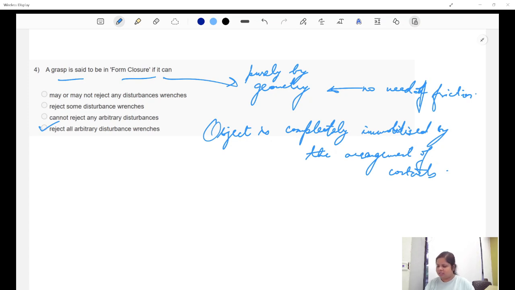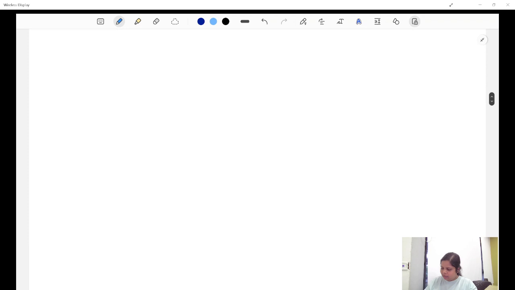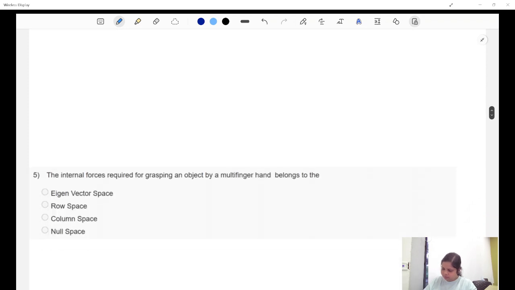So no. The other, cannot reject any arbitrary disturbance, would be the case of an unstable or no grasp. So that is also not correct. So this is your correct option. And here you can reject the disturbance due to wrenches and twists.